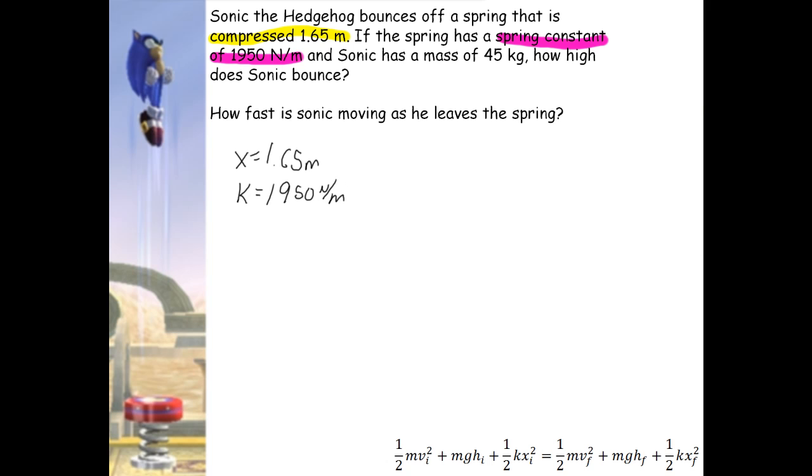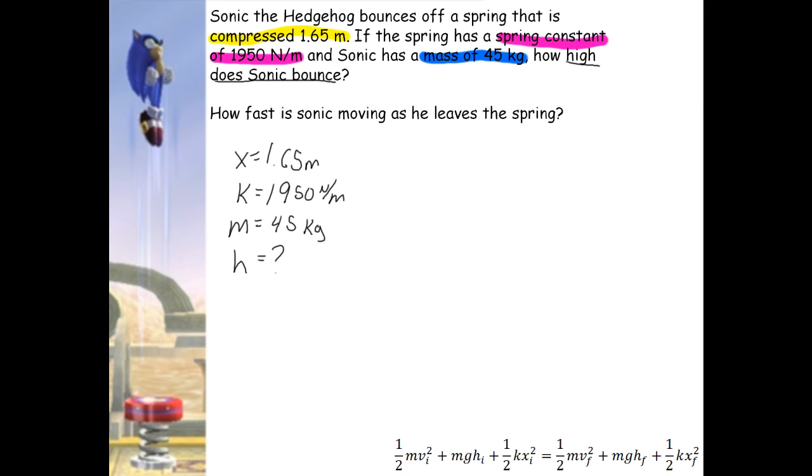And then the last thing that we have is his mass. So his mass is 45 kilograms, so mass equals 45 kilograms. And then it asks, how high does Sonic bounce? So that's going to be his height, which is the question mark.